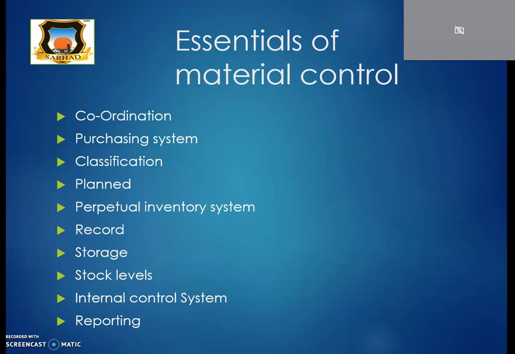An efficient system of internal control, internal check and internal audit should be implemented so that all transactions involving material are checked by reliable and independent persons. There should be regular reporting to the management regarding purchase, issue and stock of material. Special reports should be prepared for obsolete material, damage, spoilage, returns to suppliers, etc.